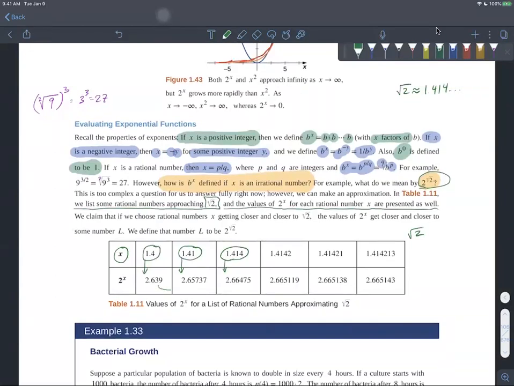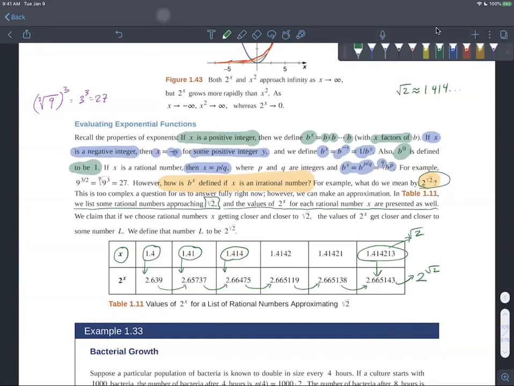And we see that these numbers start to get closer and closer to a certain number. As our x gets closer and closer to the square root of 2, this output value is going to get closer and closer to 2 raised to the square root of 2.